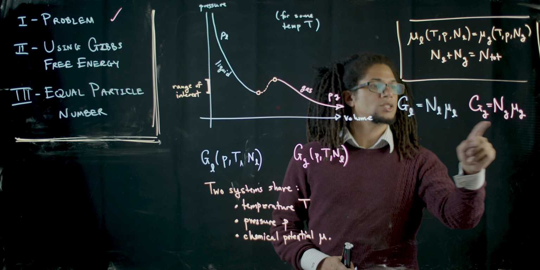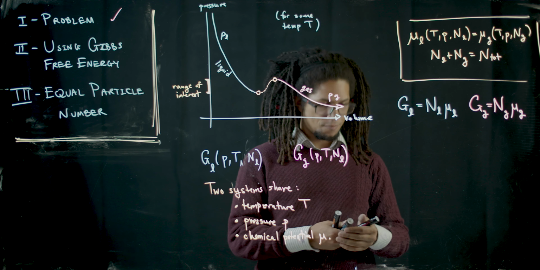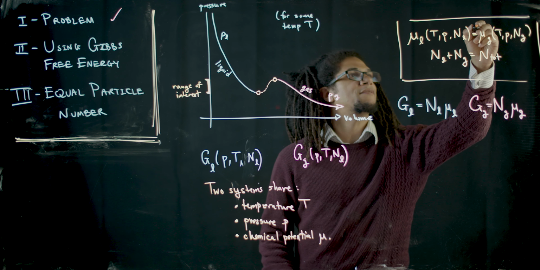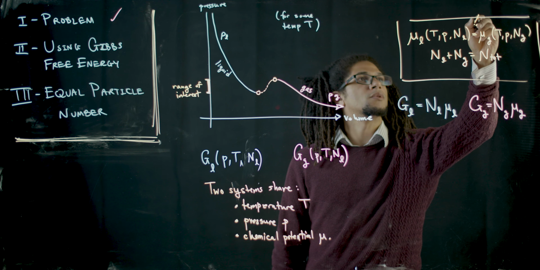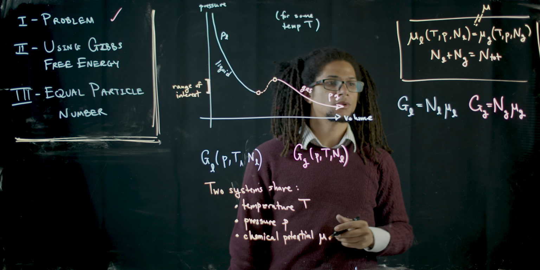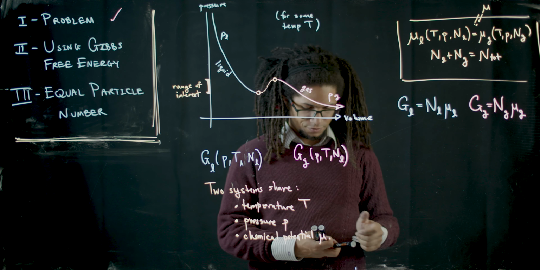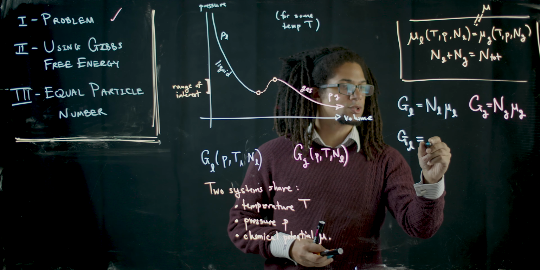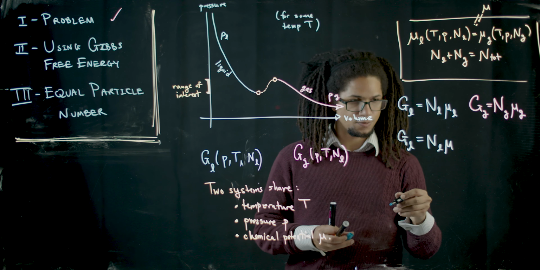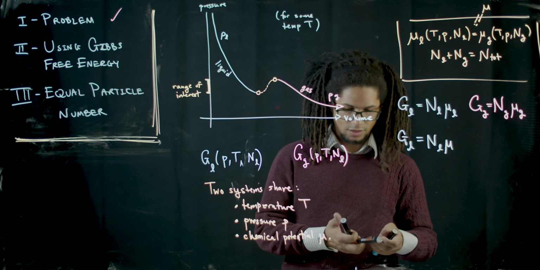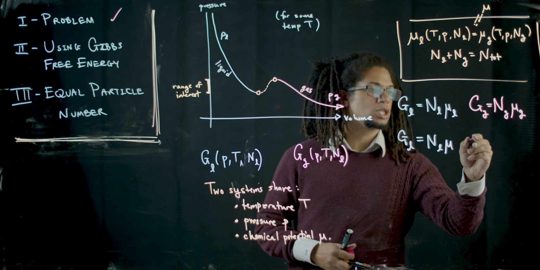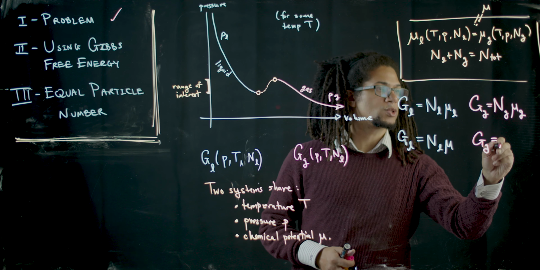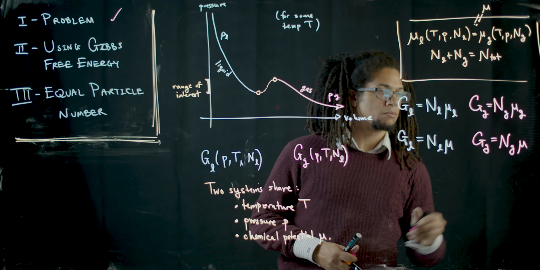But if these two objects are the same, so if we set them equal by definition to mu, then notice that G_L is equal to N_L mu, and G_G is equal to N_G mu.